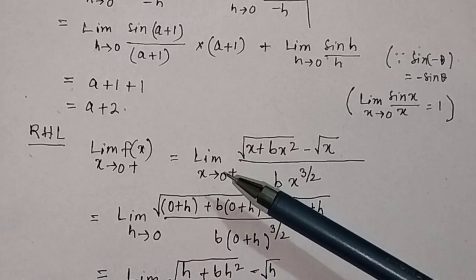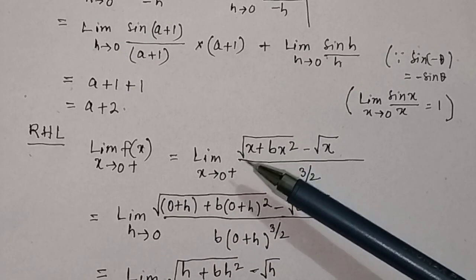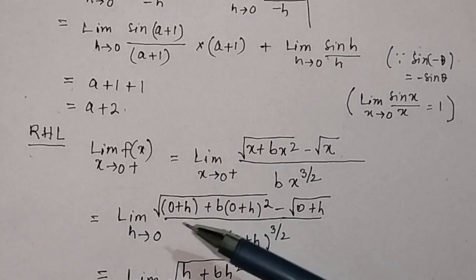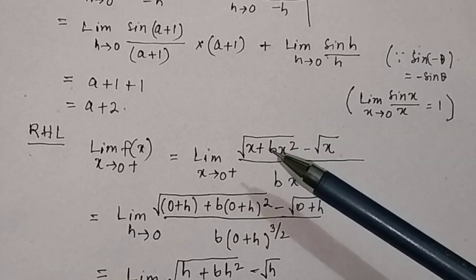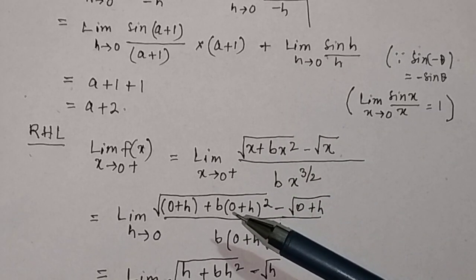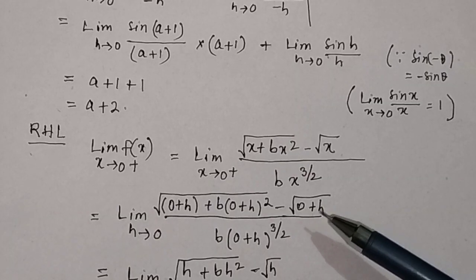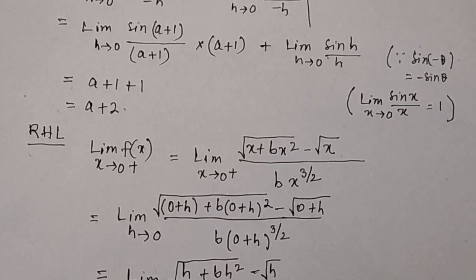So you substitute x equal to 0 plus h. So the result will be limit of 0 plus h plus b into (0 plus h) whole square minus square root of 0 plus h divided by b into (0 plus h) to the power 3 by 2.